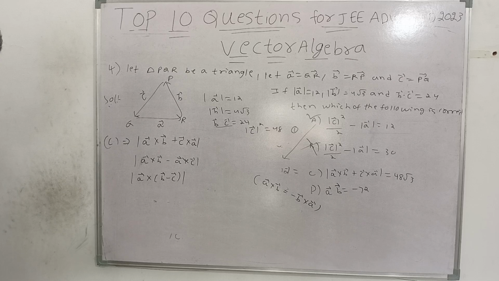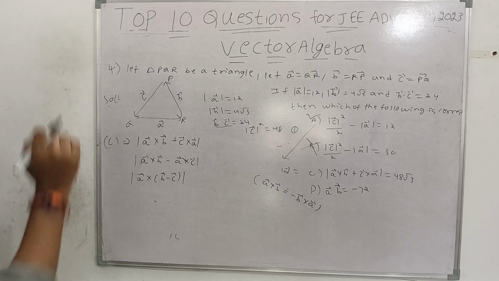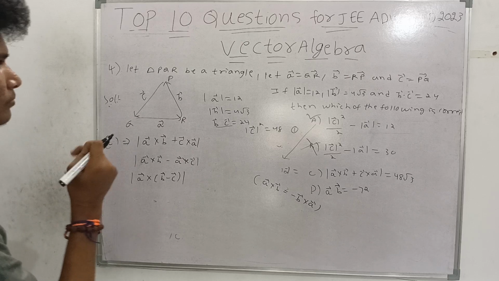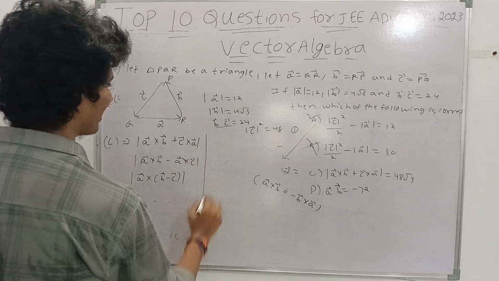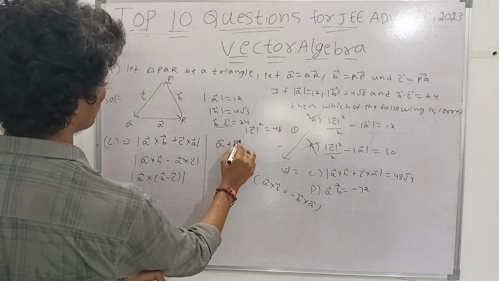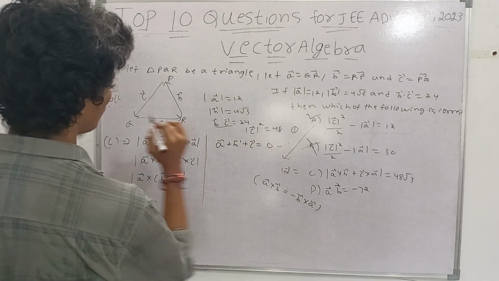How can we do it? Think, guys. We can use this thing, A bar plus B bar plus C bar, equal to zero.